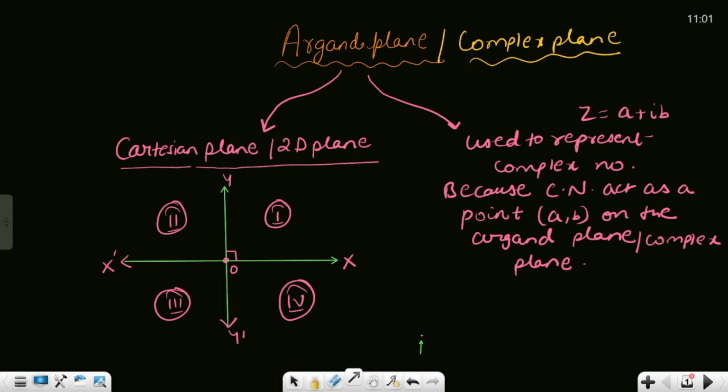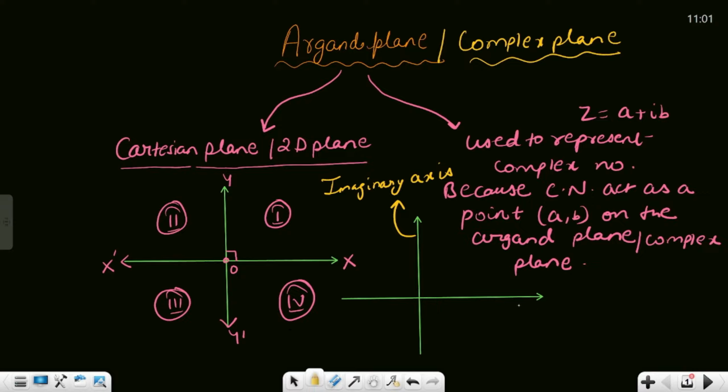See, this vertical axis is known as the imaginary axis, and this horizontal axis is known as the real axis.